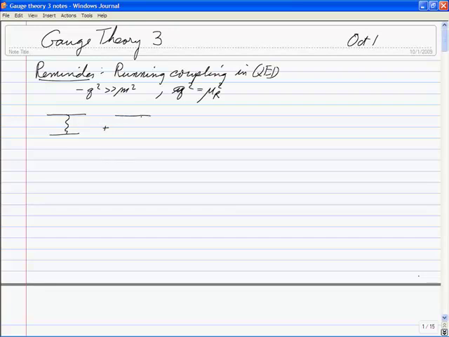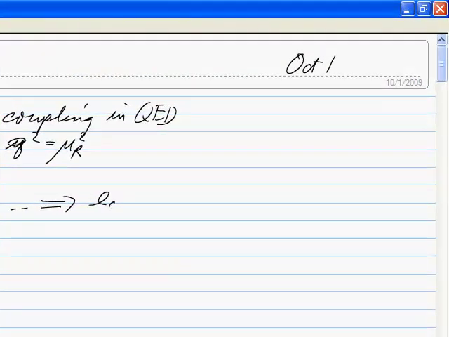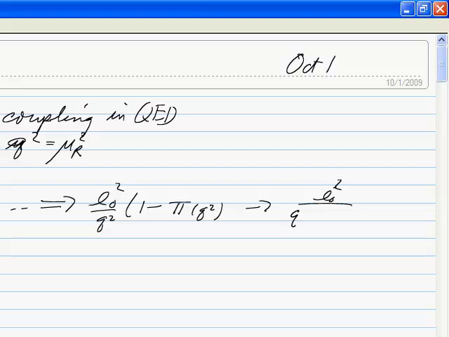And if you recall, we had interactions in QED, including the vacuum polarization diagram, that turns into the bare coupling squared over q squared, 1 minus this vacuum polarization function, which we summed to be 1 plus pi of q squared.